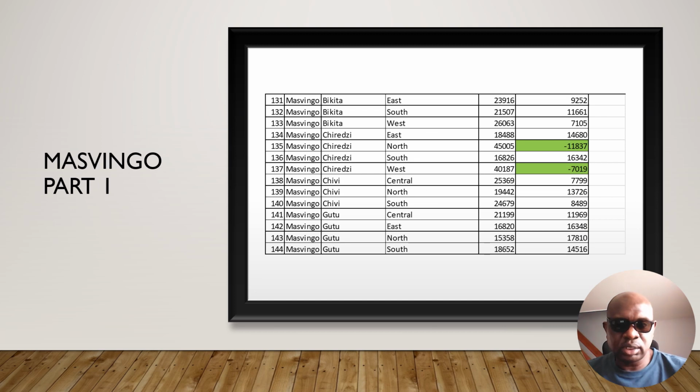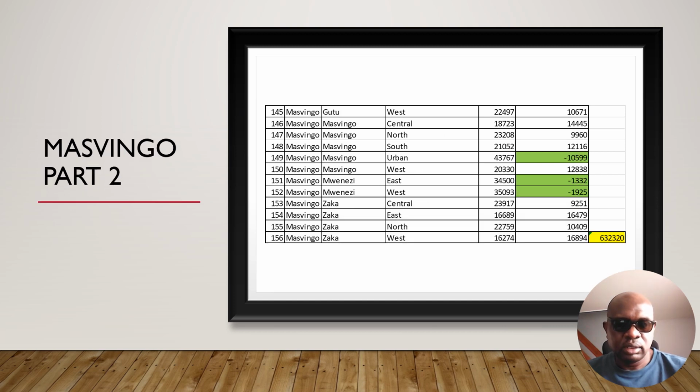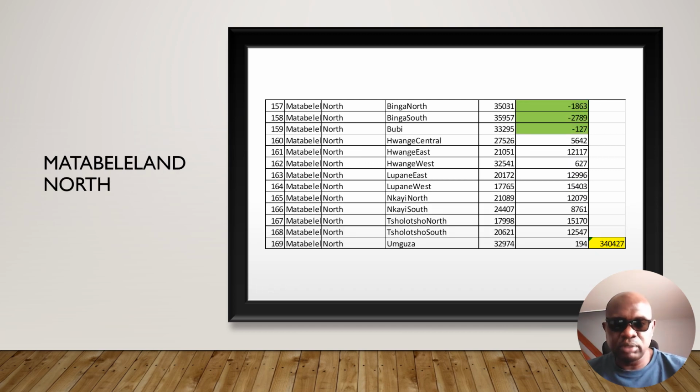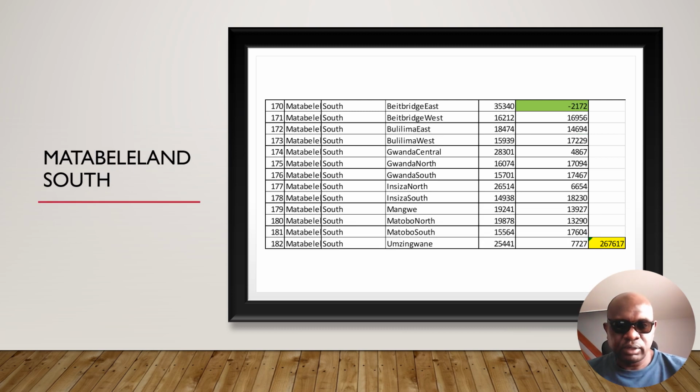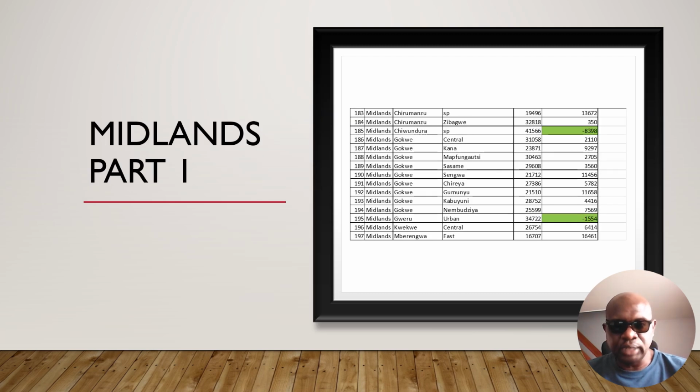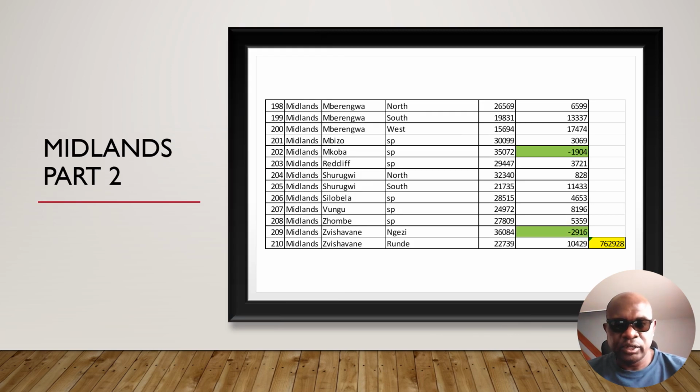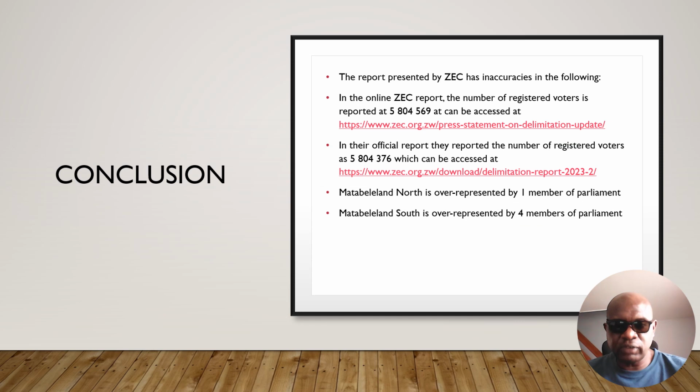Also in this case here, not much of a concern. Masvingo Part 2, not much of a concern. Matabeleland North Province, not much of a concern there. Matabeleland South Province, not much of a concern. Yeah, Midlands, okay, also fine. Midlands Part 2 looks fine.